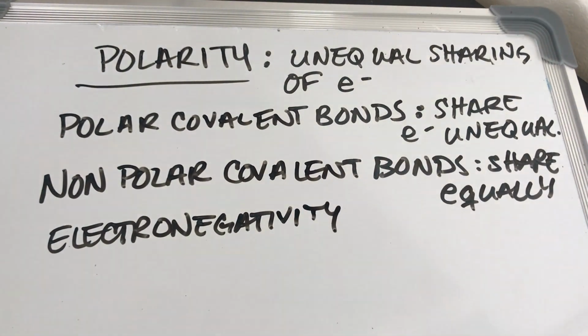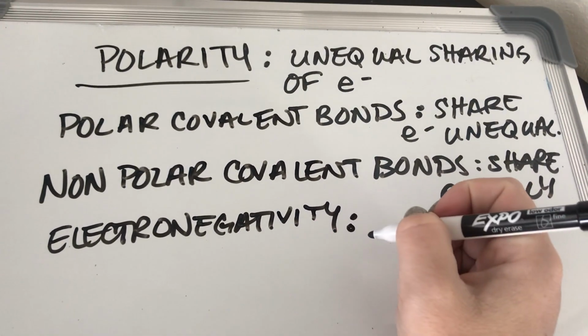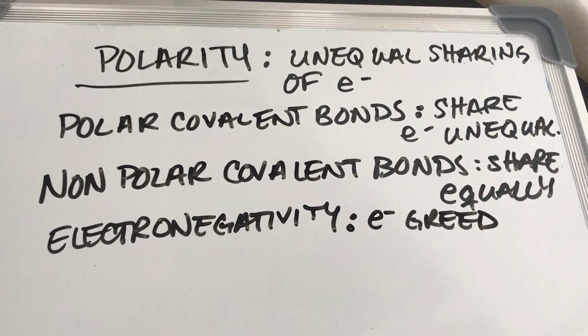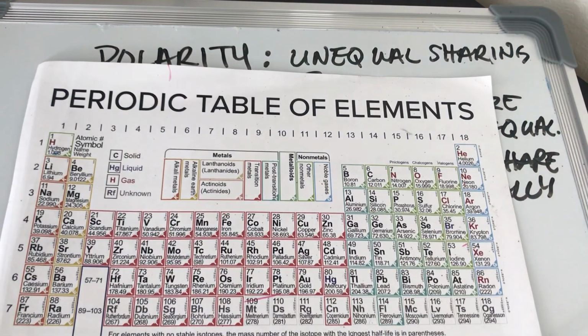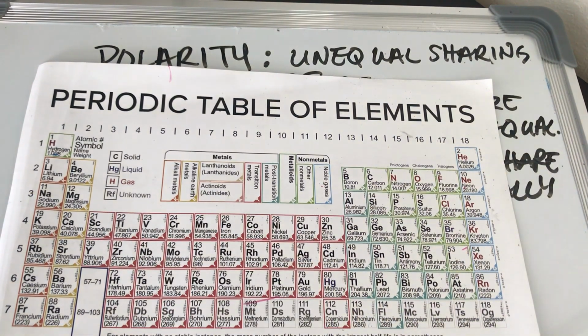Some atoms want electrons more than other atoms, right? That quality of wanting more electrons, that electron greediness, that's electronegativity. Who's the most electronegative element on the periodic table? Fluorine. As you go down and diagonally away from fluorine, you become less and less electronegative.